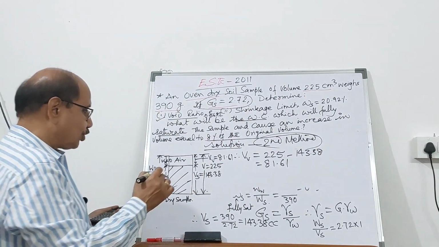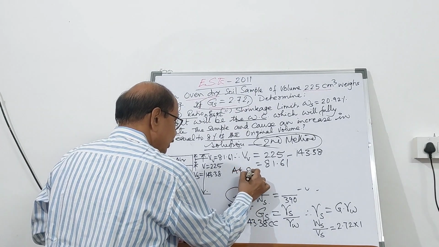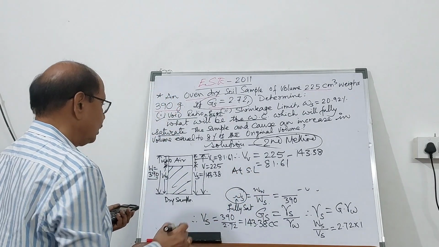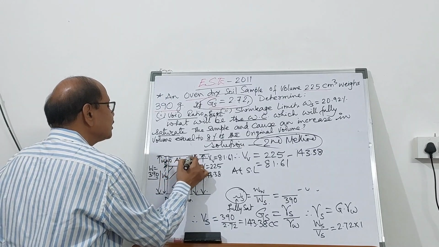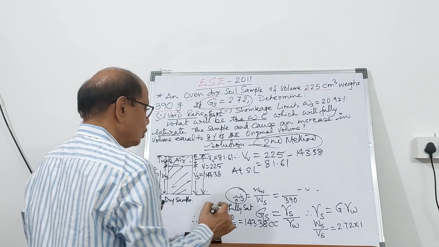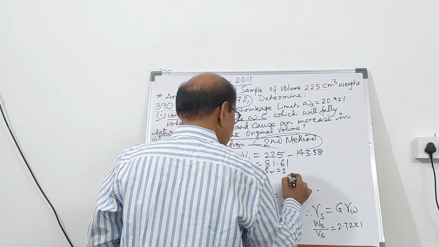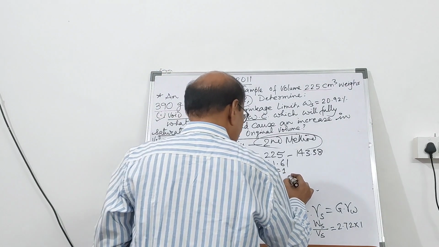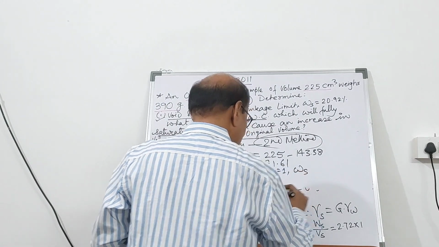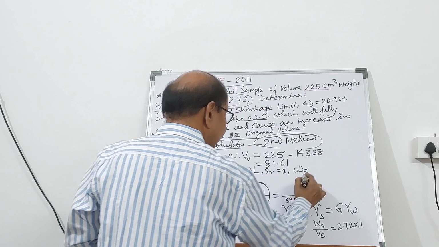Now at shrinkage limit, this will be completely just filled with water, so degree of saturation becomes 1. And Ws can now be substituted as the weight of water.